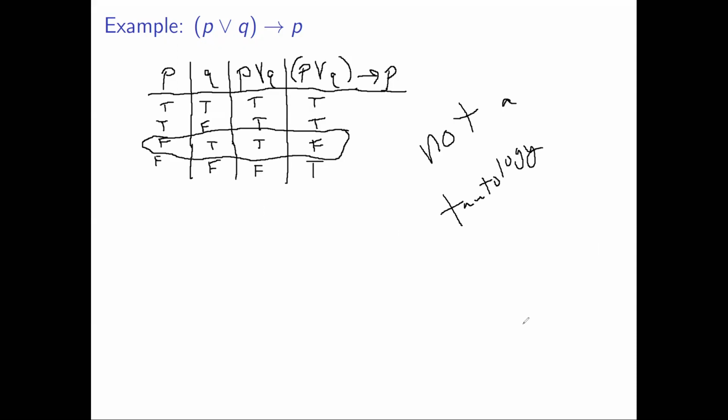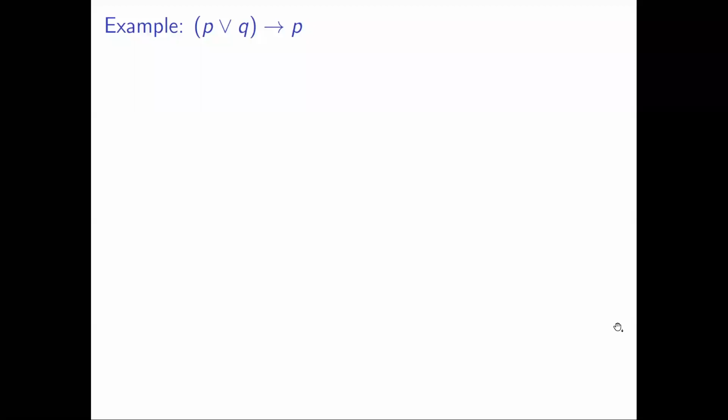And we're going to look at one more example. This one has a truth table with the same dimensions as the last example.